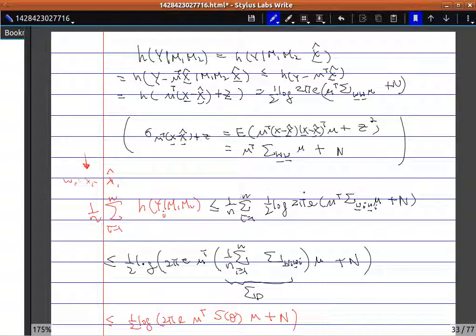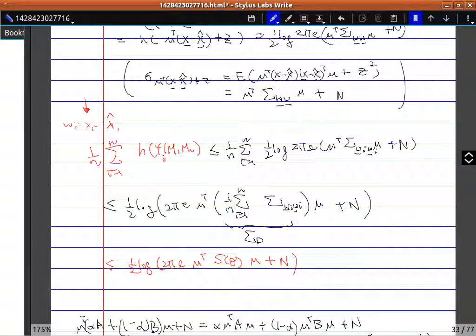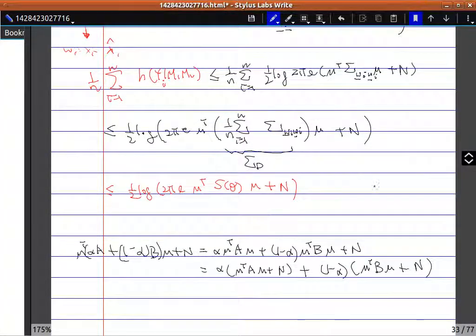Instead of taking the average of log, we can take the log of the average of the argument, and the average of the argument is actually the average distortion, which we use sigma d to represent, and sigma d has to be less than or equal to the constraint s theta.